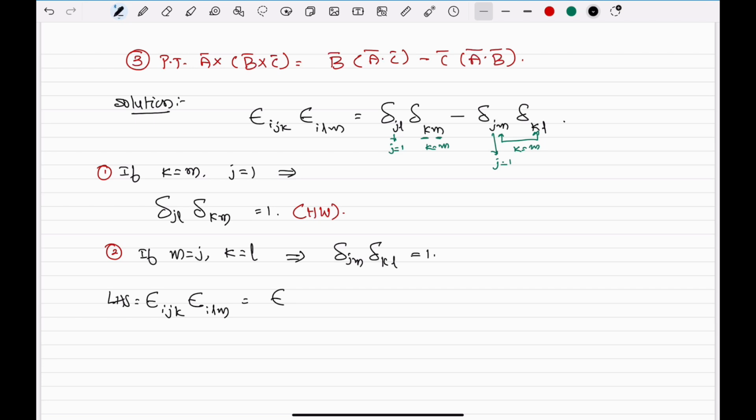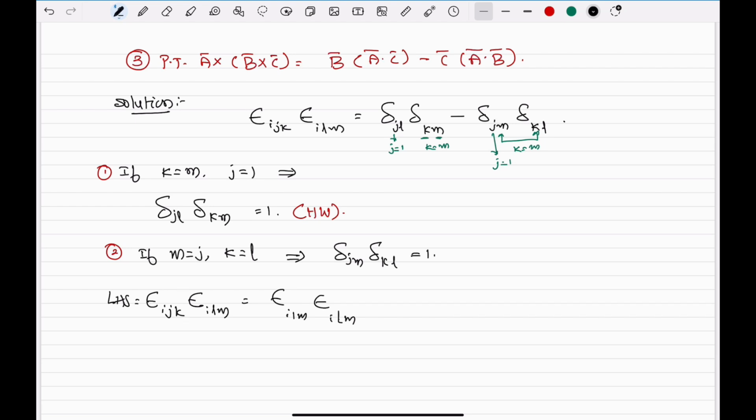K can be written as m, and k is equal to m, j is equal to 1, k is equal to 1, I 1 m, epsilon m is equal to j, I, L is equal to k, I L m is equal to ILM.